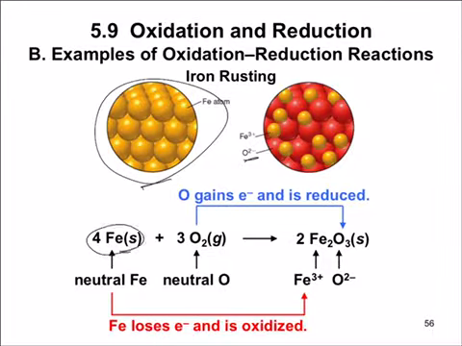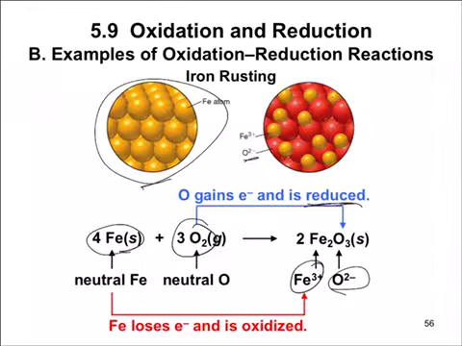So iron here goes from a neutral iron to an iron 3+. So this lost electrons, that means it was oxidized. Oxygen is reduced because it goes from a neutral atom to having 2 extra electrons, the oxide anion.